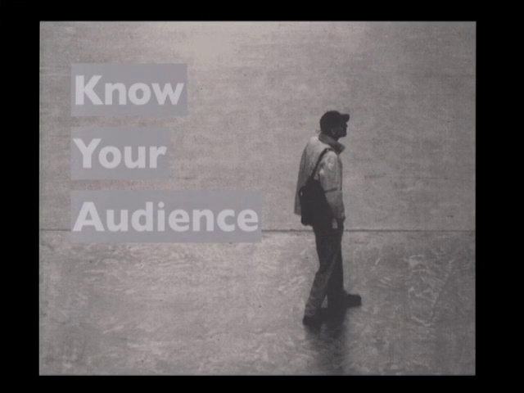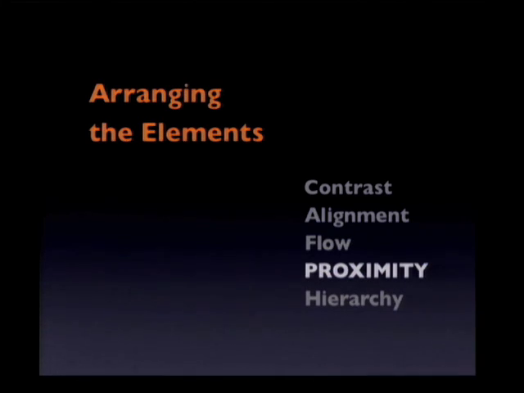Okay, now we'll go to the last two elements, proximity. Proximity says that we group objects together so they'll be perceived as a group and not as unrelated elements. And hierarchy, which we're going to deal with together with proximity, talks about the relationships between those elements.